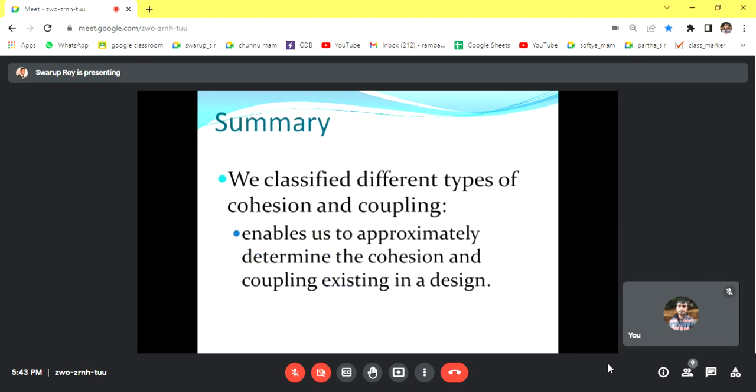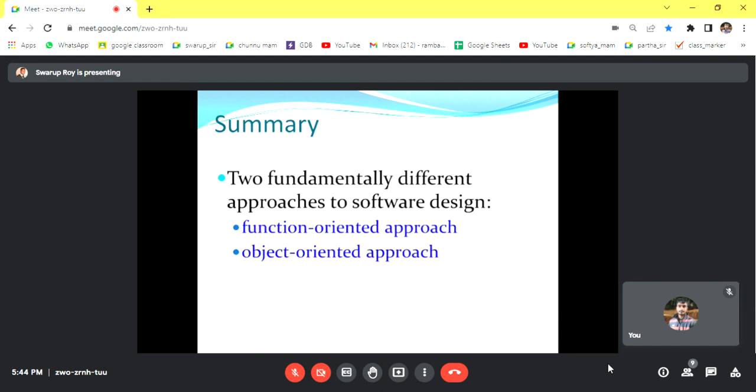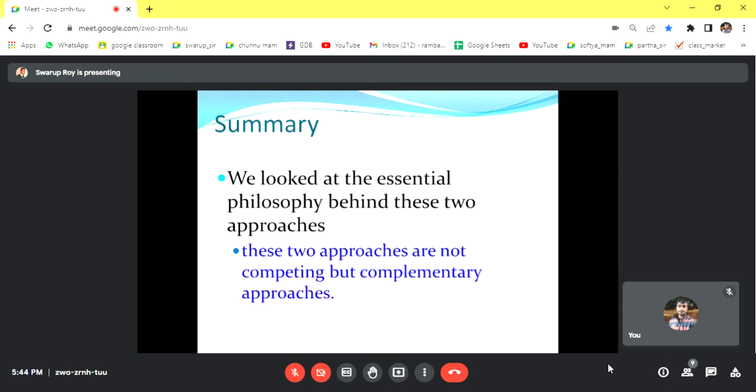Then how to decide the cohesion and coupling in a modular design, that we have studied. Lastly today we discussed the function-oriented approach and the object-oriented approach, and we have seen that they are complementing each other, not contradicting.